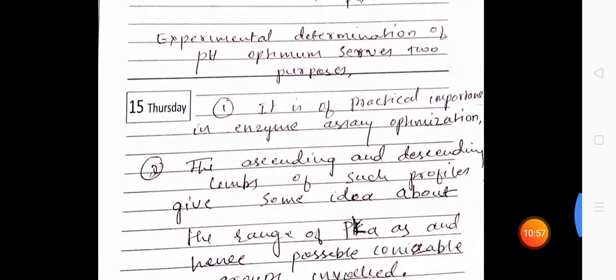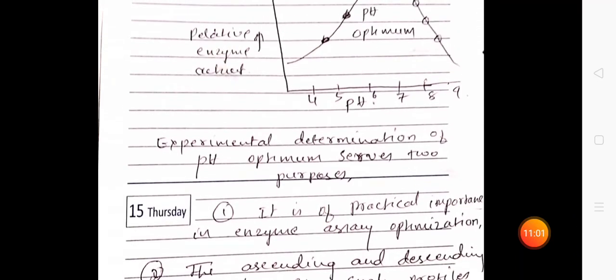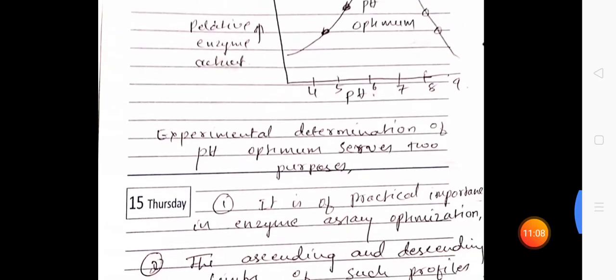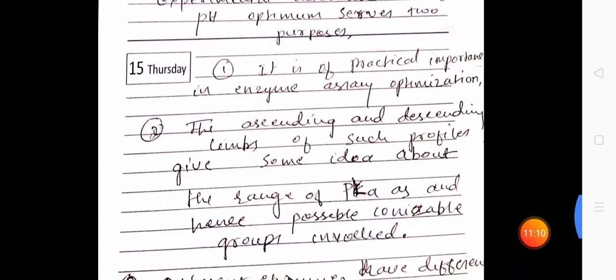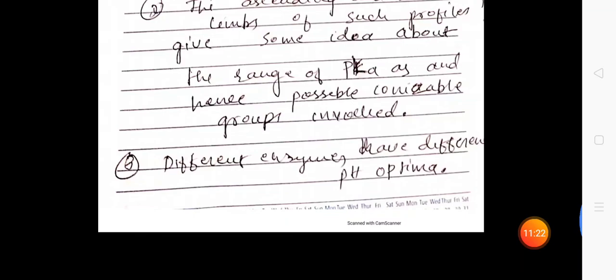The ascending limb is the black round dots and the descending limb is the open circles, and they give some idea of the range of pK, and hence the ionizable groups that may be involved in the catalytic region.